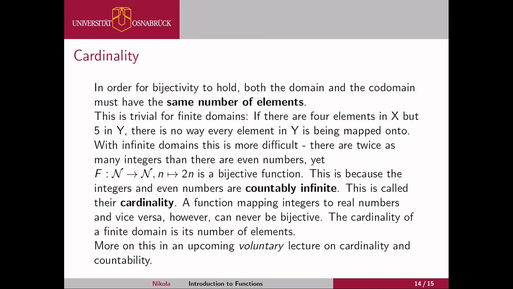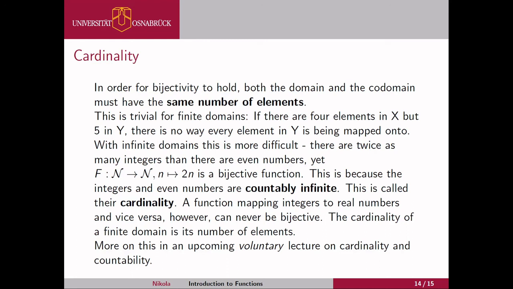So there is a strict and well-defined relation that maps an integer to an even number, and thus the entire function is bijective. You can go one way and you can go the other way. And so countably infinite in this sense is the cardinality that we're dealing with here.